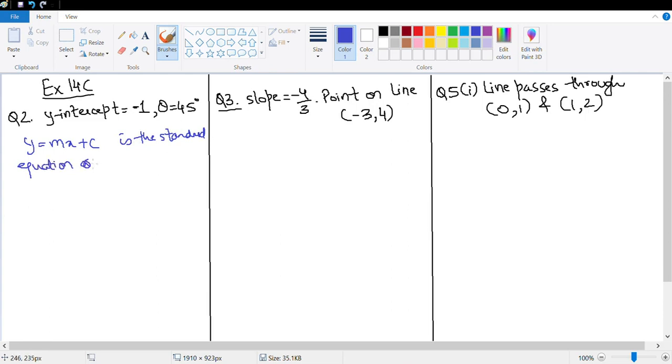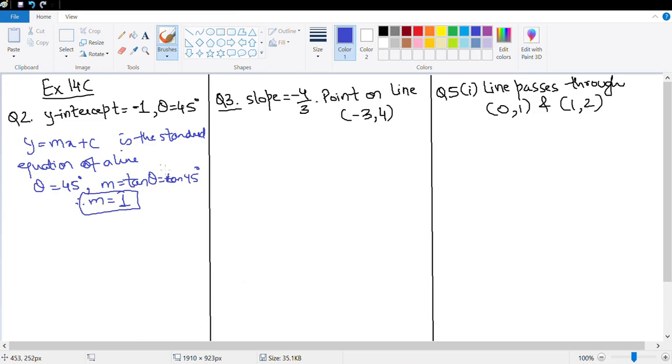In this case, theta is equal to 45 degrees, which means m is equal to tan theta, which means tan 45 degrees.